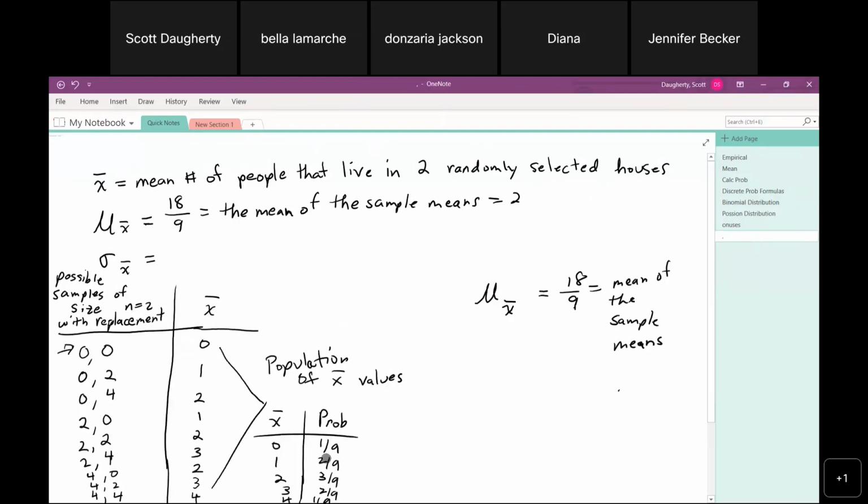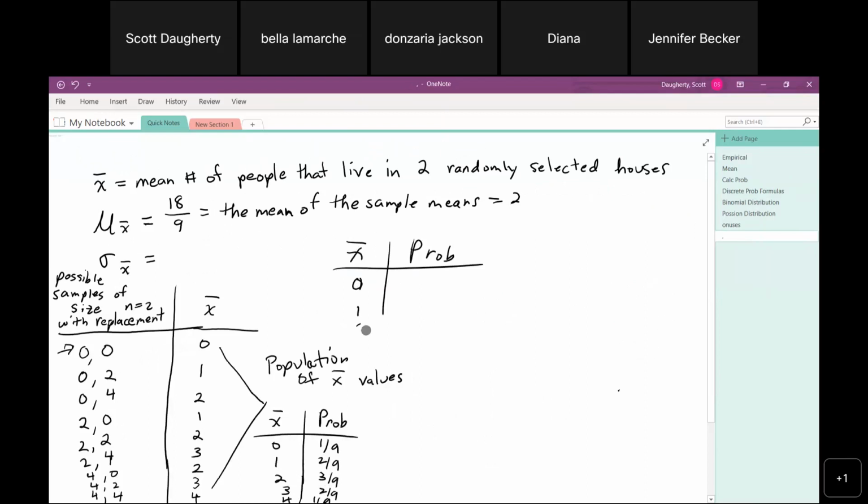Okay, now getting back to this probability distribution, we now know the probability of getting any one of these X bar values. Let me write it down again because it's hard to see: it's 1 out of 9, 2 out of 9, 3 out of 9, 2 out of 9, 1 out of 9. Now I'm going to put this into a histogram. This is just a probability table, but we like to put probability tables into probability histograms just to get a picture of it.